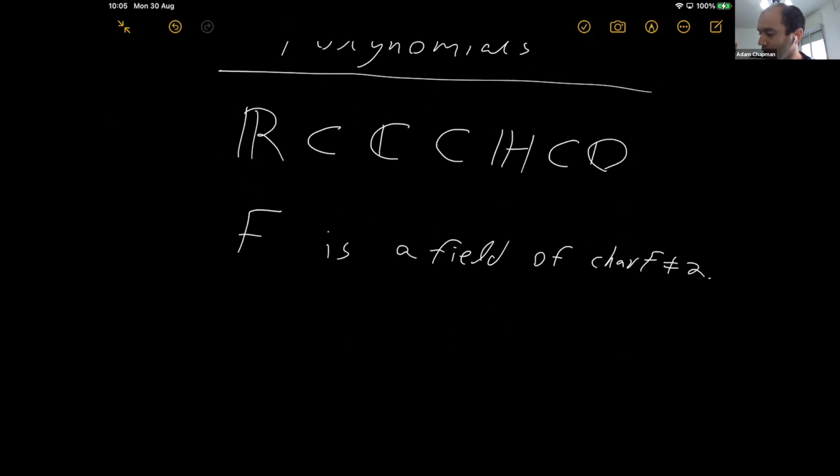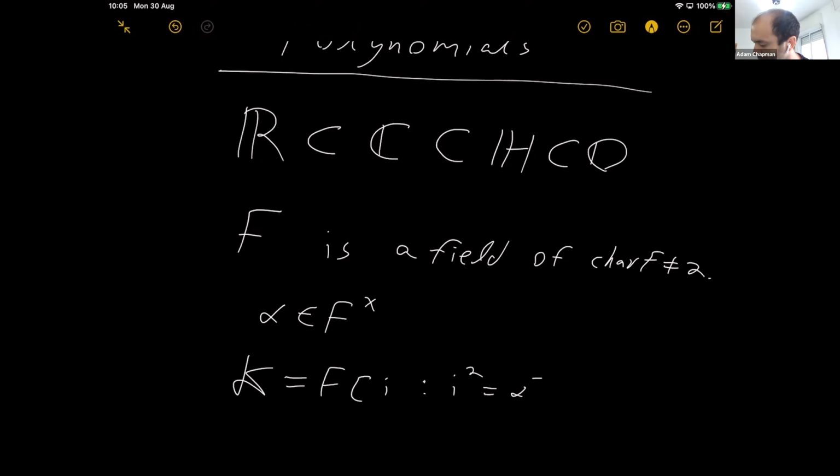So you want a quadratic field extension of F. You pick some alpha in the field, which is non-zero, and then you look at K, which is constructed by adjoining some i, satisfying i squared is alpha. So this is either a quadratic extension of F or an étale quadratic algebra over F.